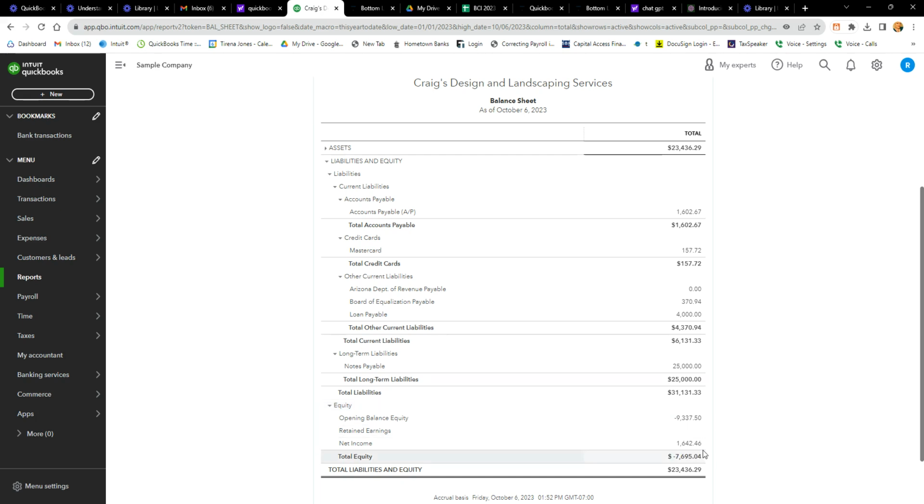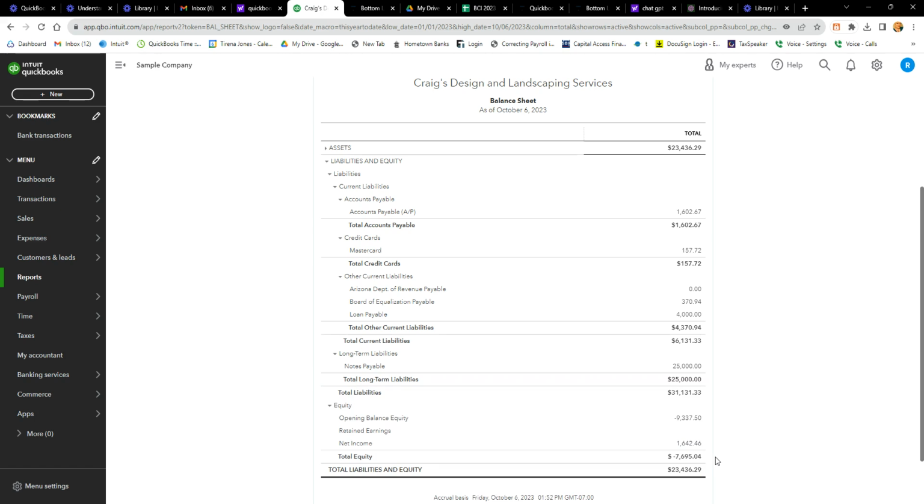And so this number down here is a quick snapshot of, are you upside down or not? Are you upside down in your company? And what I mean by that is that the creditors own more of this company than the ownership does.